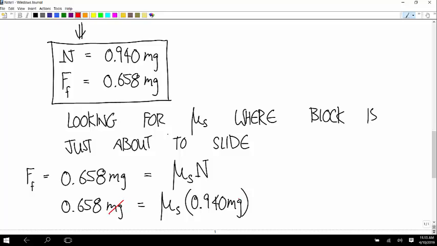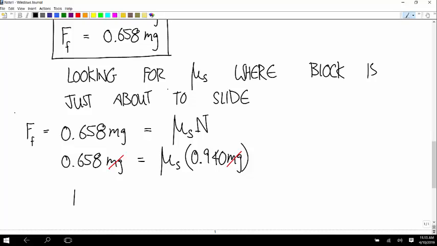And you can cancel out the mg's. And so mu sub s is equal to 0.658 over 0.940. And what do you get for that? 0.70. And what are the units on coefficient of friction? Nothing. Yep, exactly.